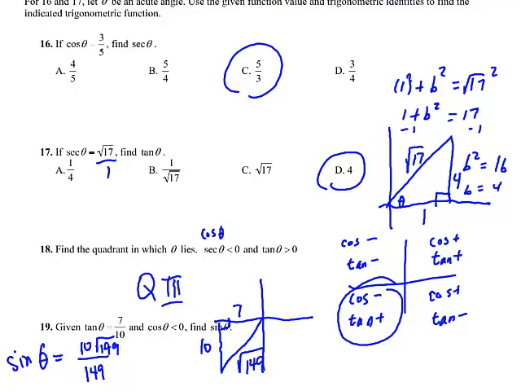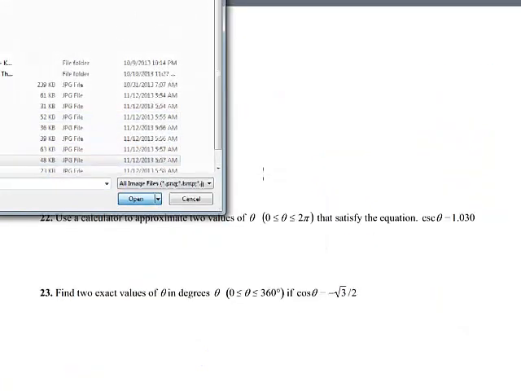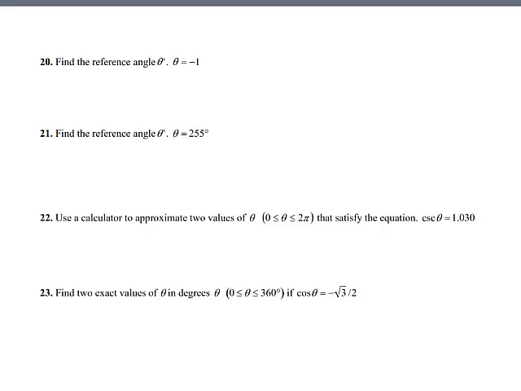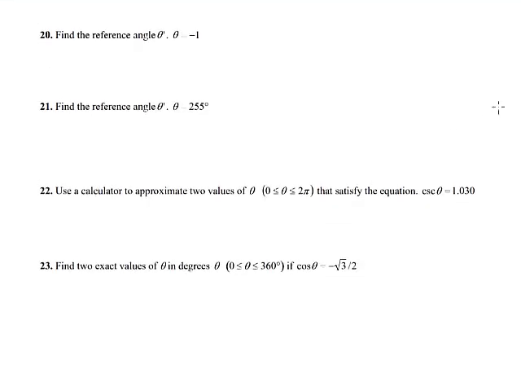Number 20. Find the reference angle of an angle that's -1 radians. All right, let's look at our unit circle again, or my quadrants.